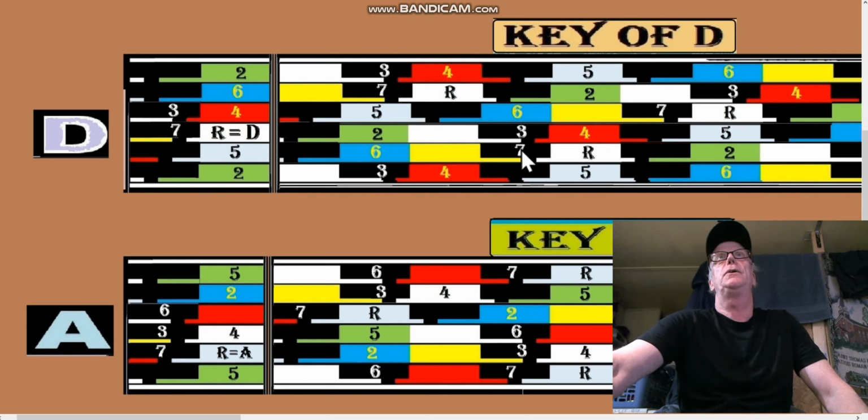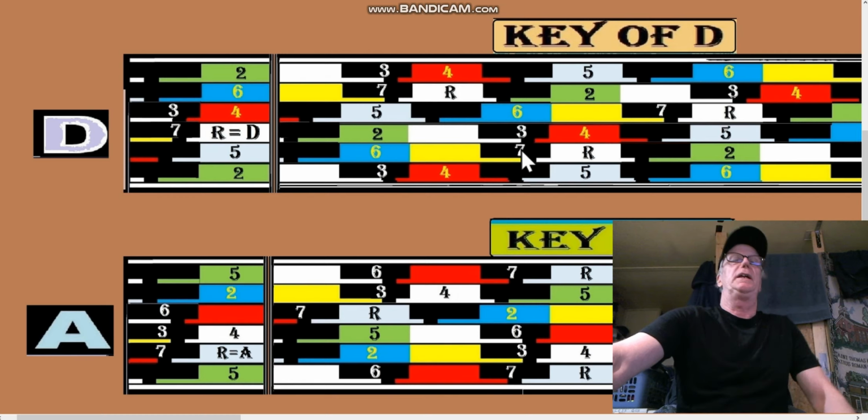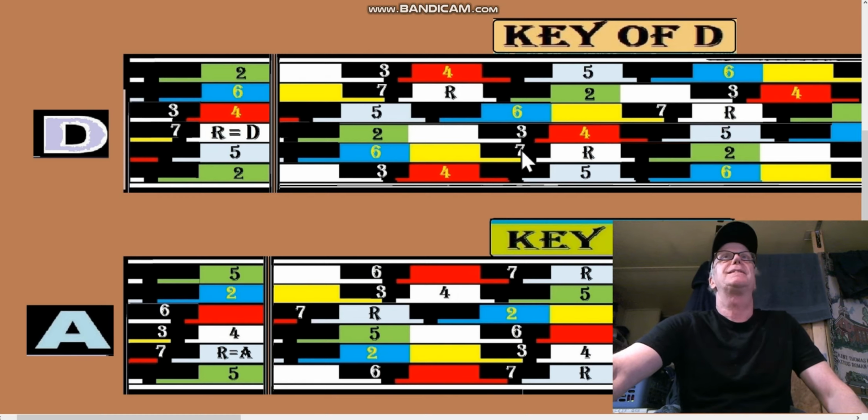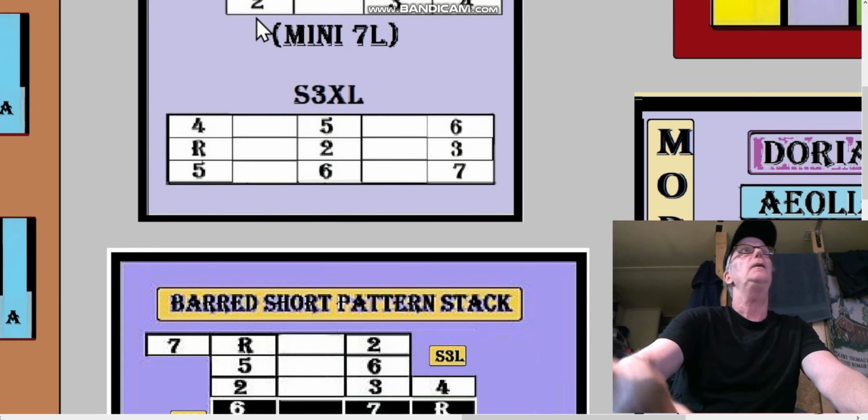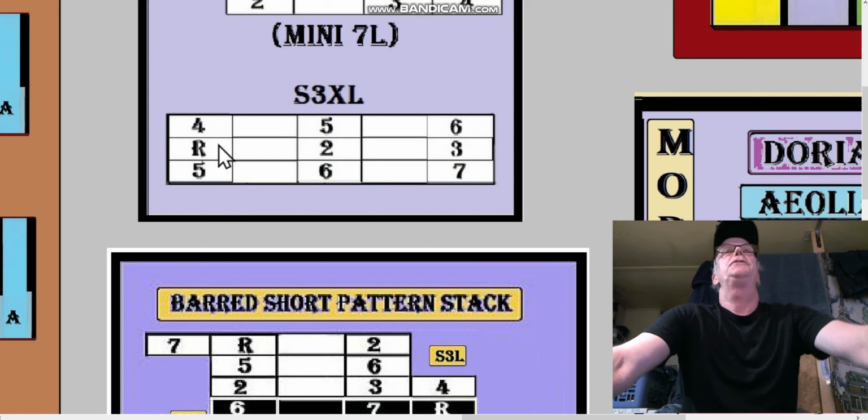If you want to play the CAGED shapes, the pentatonic scales, it gets a little complicated.